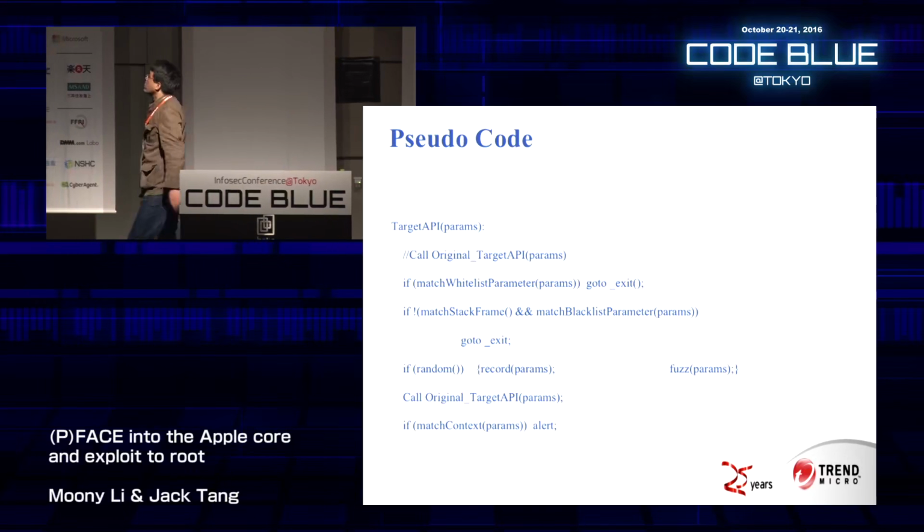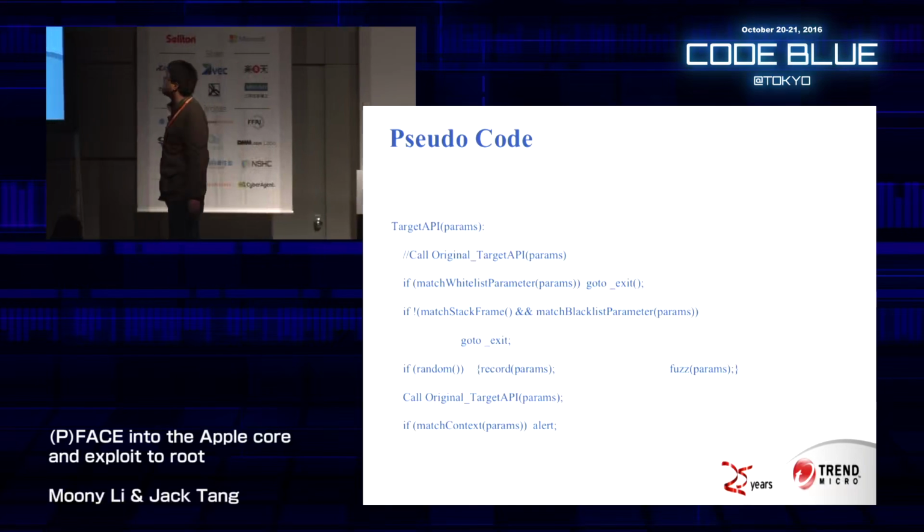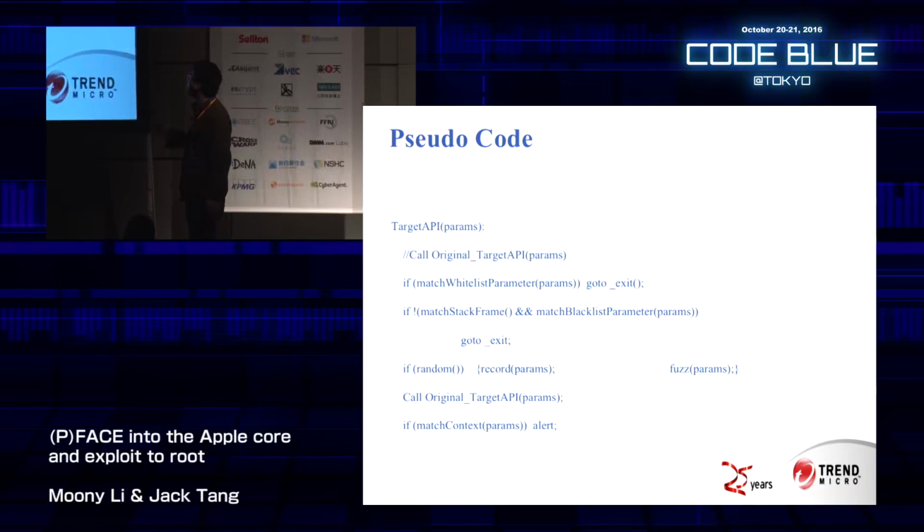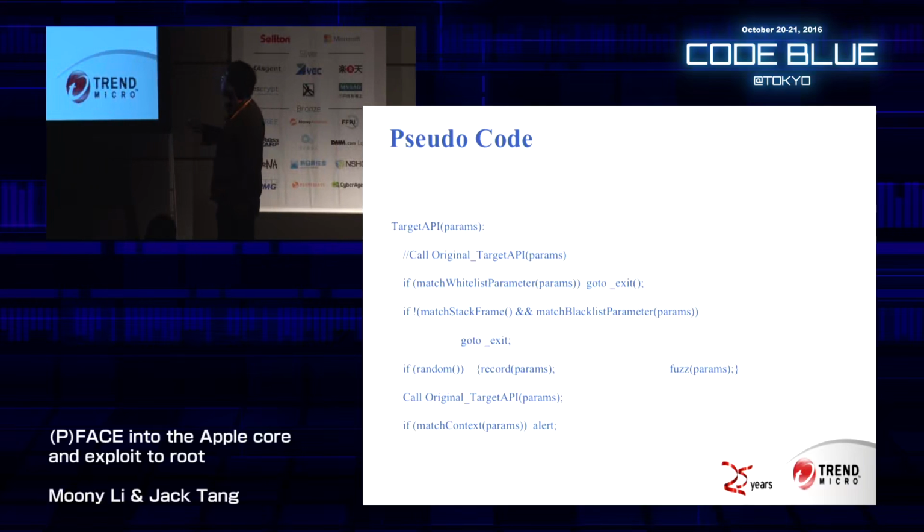So this is the pseudocode for our passive fuzzing framework. In the target application here, we would handle the parameters transferred from the user mode. And we will first whitelist the parameter and check the call stack info of the parameter, and also check whether the parameter is in the blacklist.